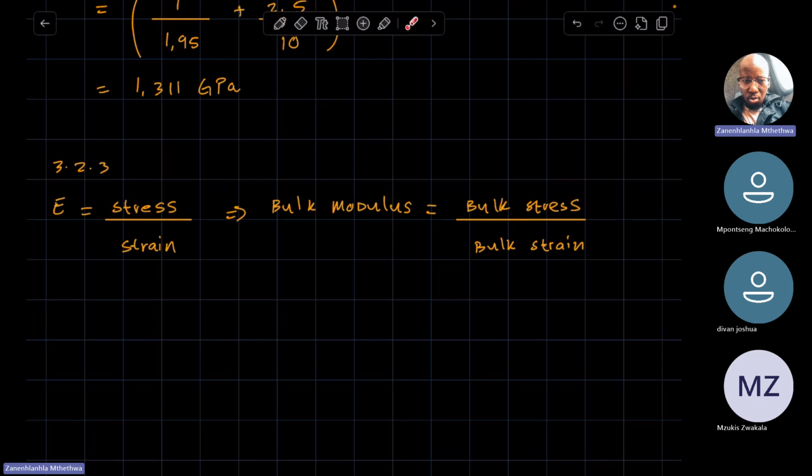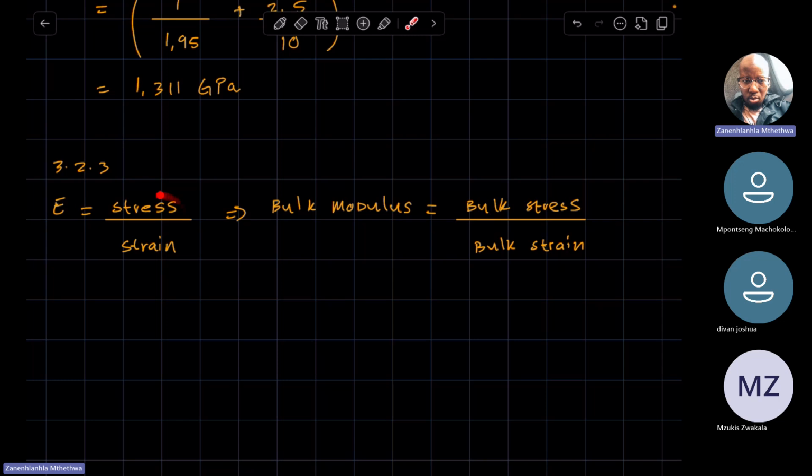Right. Aside from how we look at these terms technically, from a formula perspective, how these two are different is that we look at Young's modulus from a linear perspective.